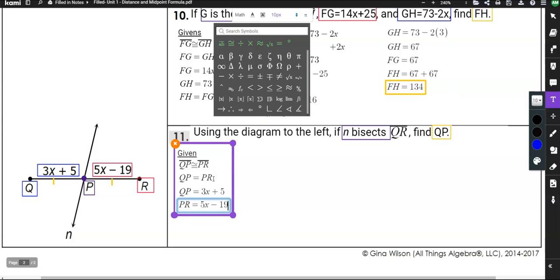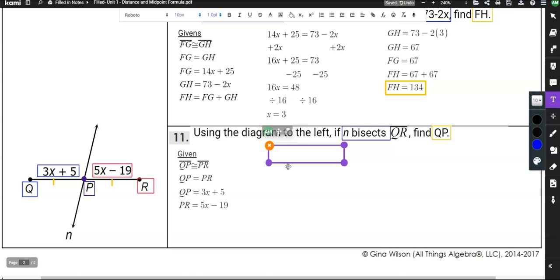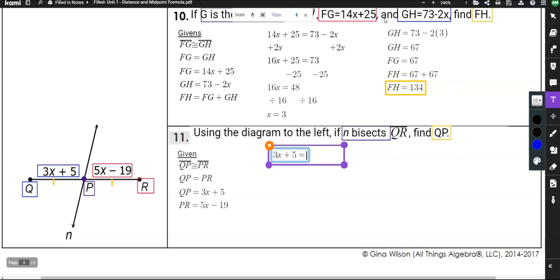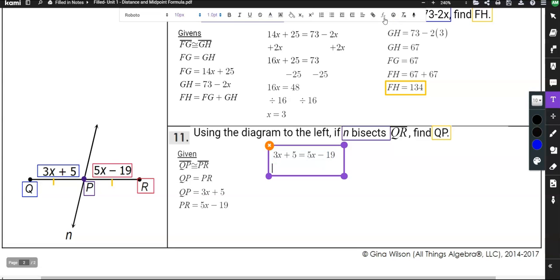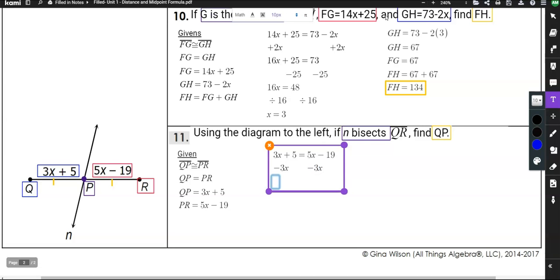We're going to use the QP equals PR equation, so let's do our substitution. We have 3x plus 5 is going to be equal to 5x minus 19. I am going to subtract 3x from both sides. And that's going to leave me with 5 is equal to 2x minus 19.